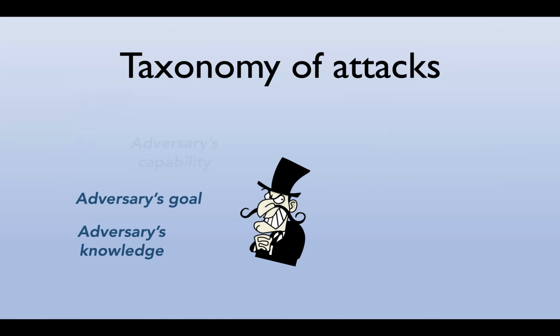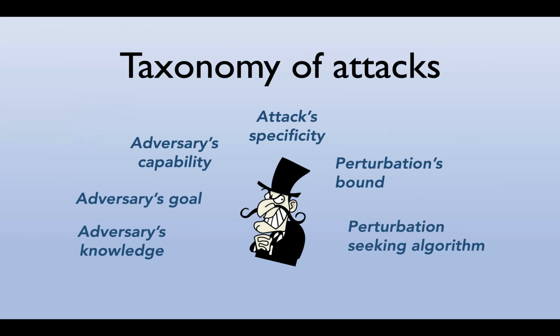So let us now talk about the attacks. We can create a taxonomy of attacks according to various features related to the attacker or the intent of the attacker. We can classify according to the adversary's knowledge, according to the goal of the adversary, the capability, the specificity of the attack, what is the attack exactly trying to do.